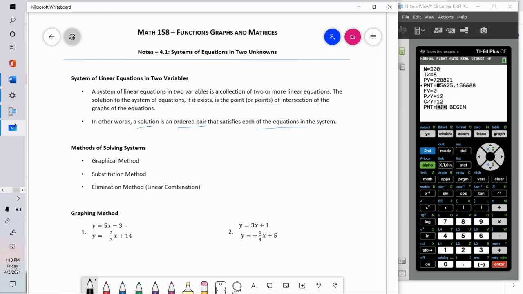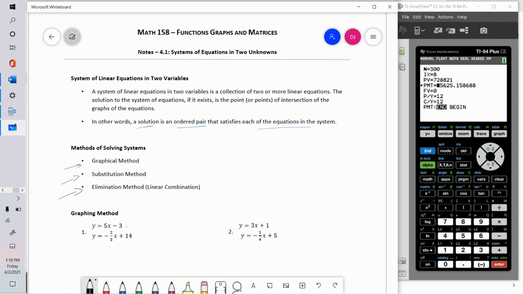There are three methods that we're going to explore in this video for solving systems. There are a couple of other methods that we'll get to later in the course in future videos, but for this lesson, there are three methods: the graphical method, the substitution method, and the elimination method. The elimination method is sometimes called linear combination.